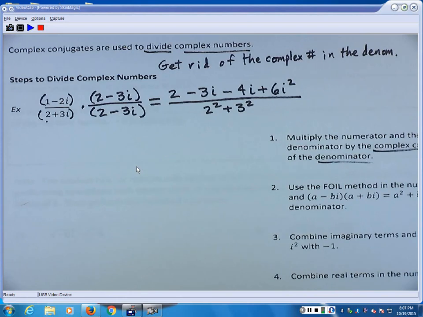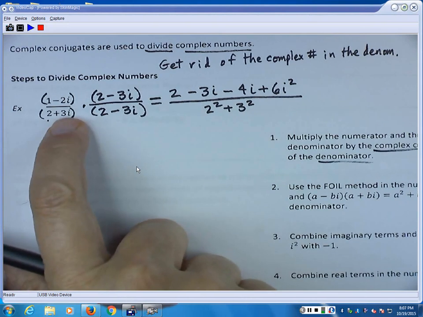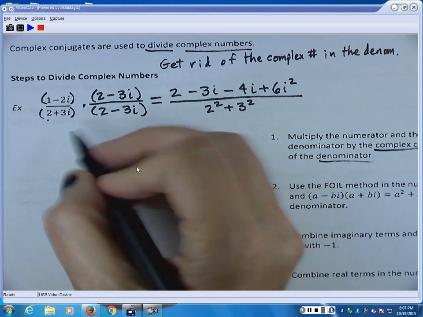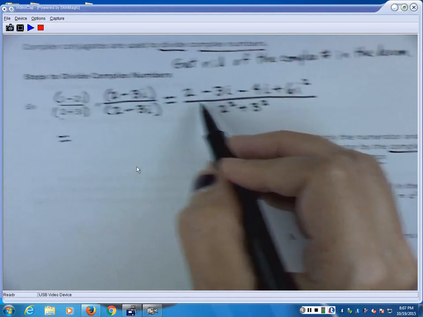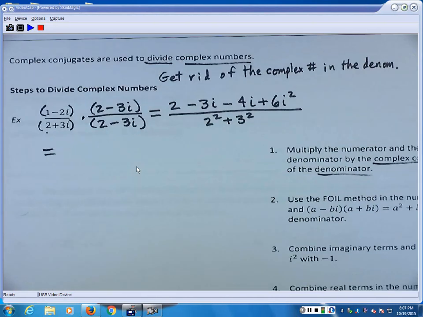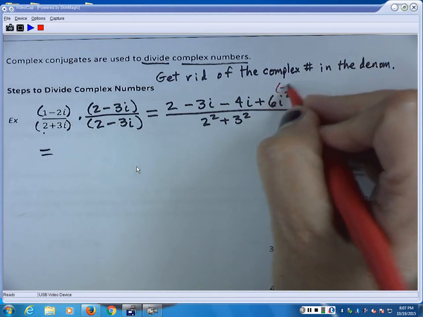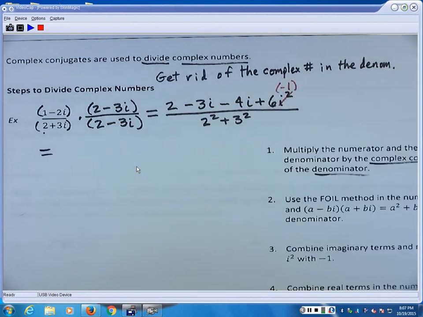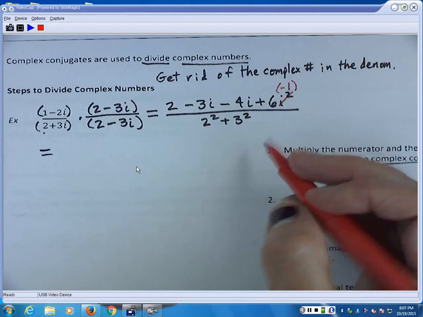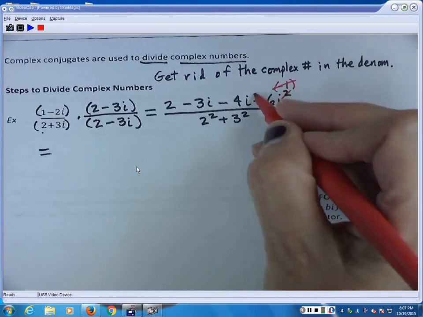You're just going to take the 2 and square it and add the 3 squared. So you get, of course, this is negative 1 here. Then when you multiply 6 by negative 1, you get minus 6.